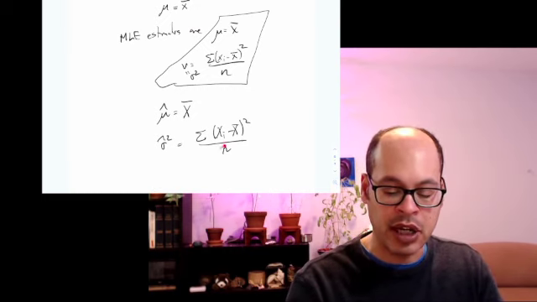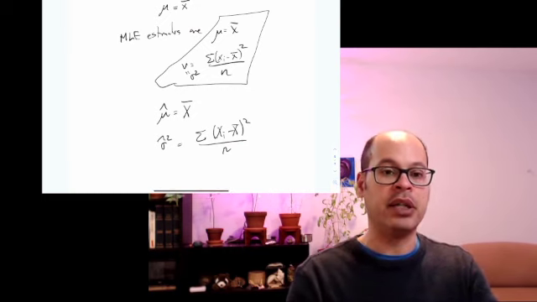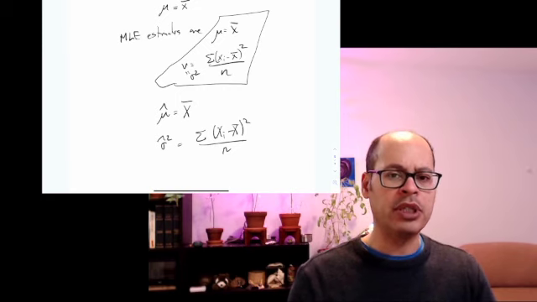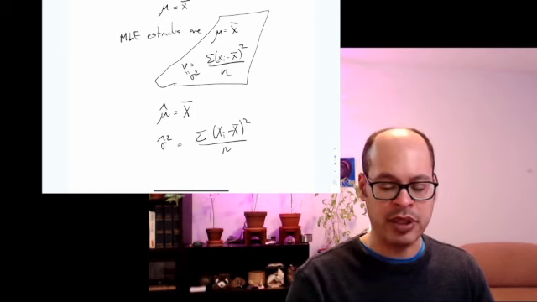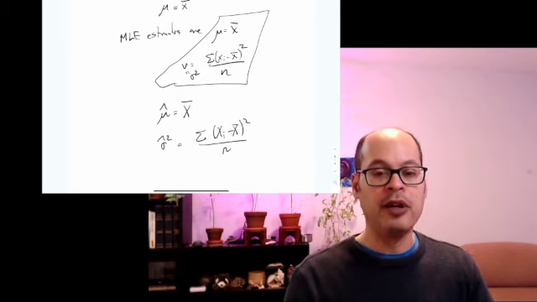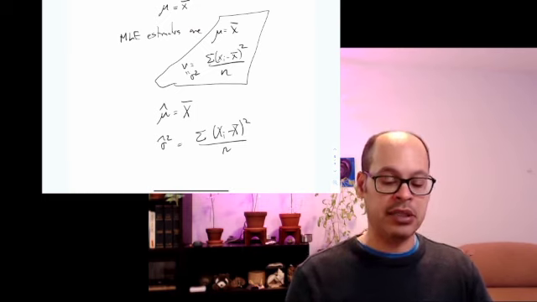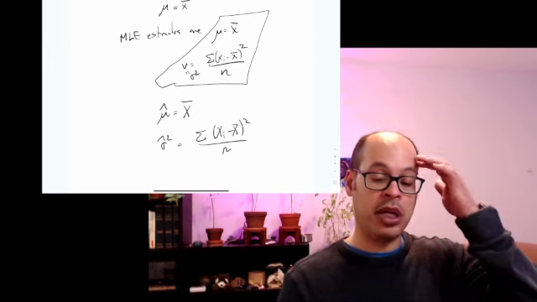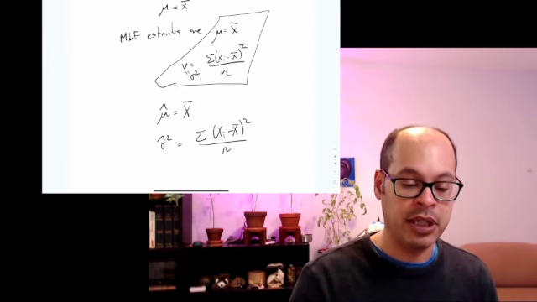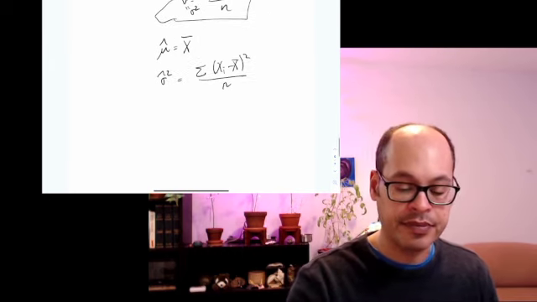We see that the denominator of n comes in instead of n minus 1. Because an n minus 1 gives an unbiased estimator, this one will actually have a bias. But even though it's a biased estimator, it is a maximum likelihood estimator for the variance.